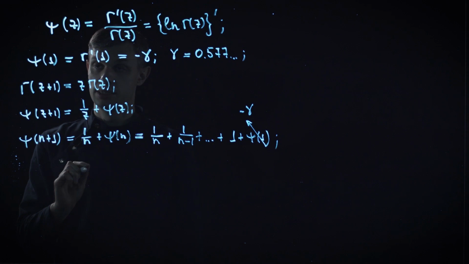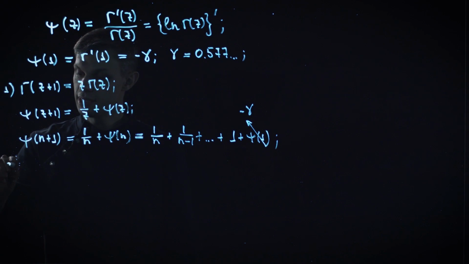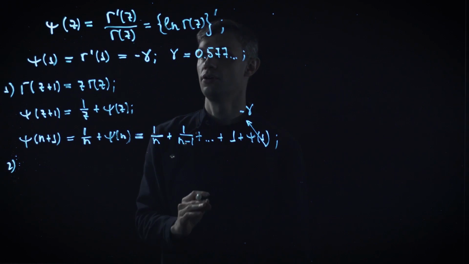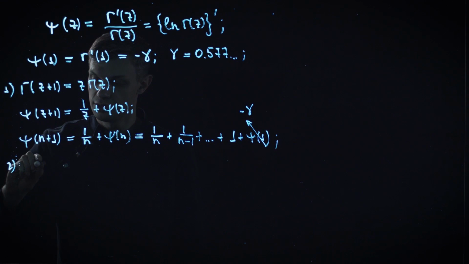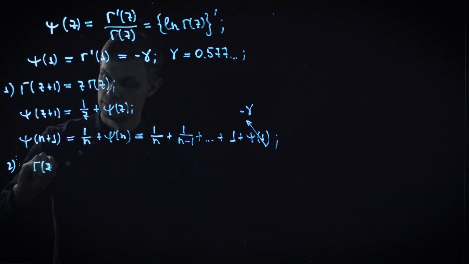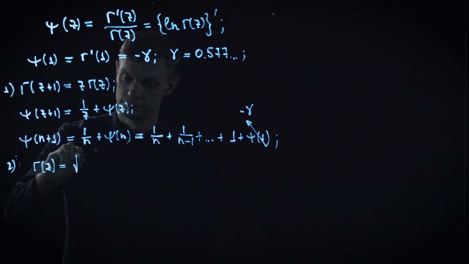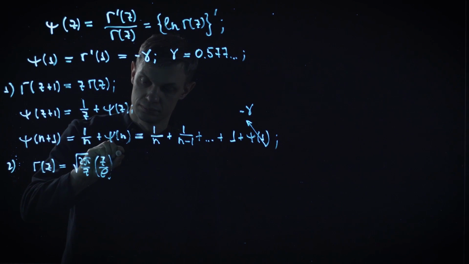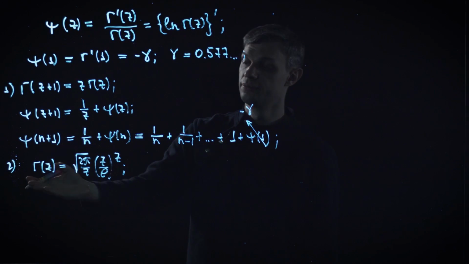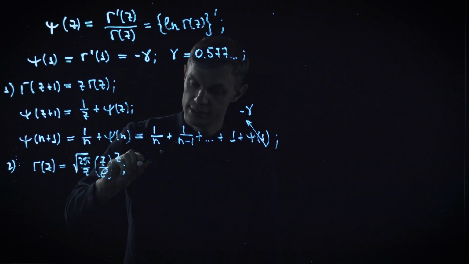Right. Now the second property. So this was the first one. The second is the asymptotic of the Digamma function. So let's first recall the asymptotic of the gamma function, which is the Stirling formula. Take the logarithm of both parts and differentiate with respect to z.